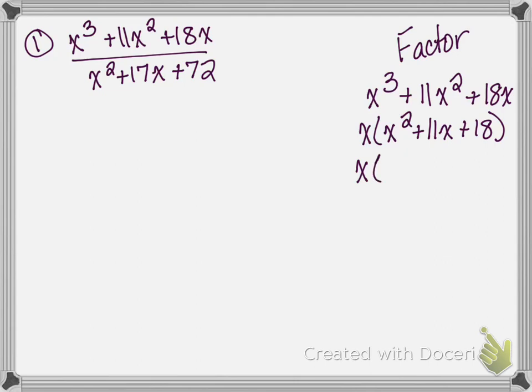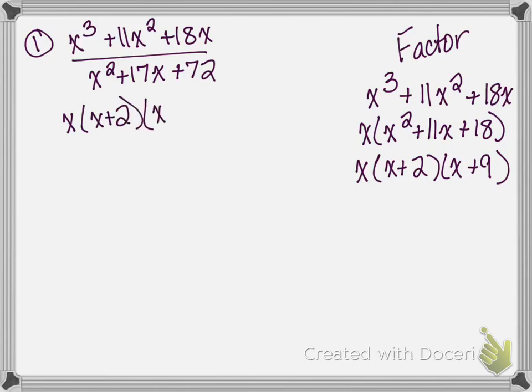But then the x squared plus 11x plus 18, that is going to factor to x plus 2 and x plus 9, because 2 times 9 equals 18 and 2 plus 9 equals 11. So that is my numerator. I have x plus 2 and x plus 9. So I have factored my numerator.